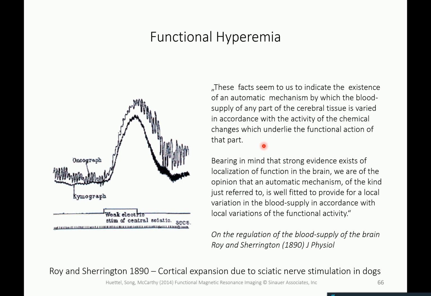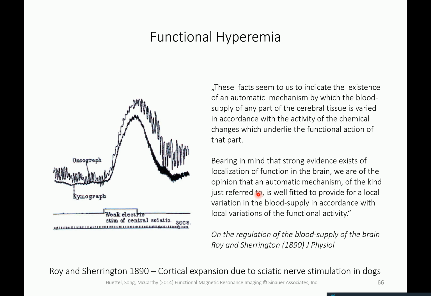Which also not only says that there's a link, or co-variation, between stimulation of a peripheral nerve and brain supply, but also that this might be due to chemical changes that go along with activity changes that then induce this increase in blood flow.